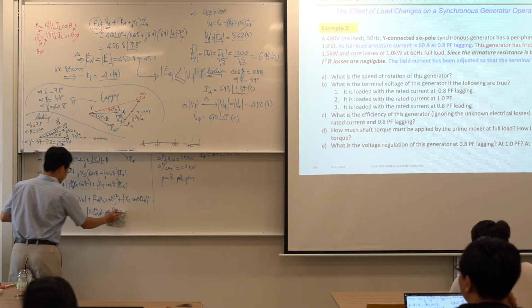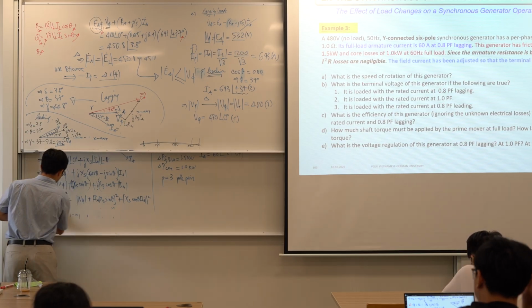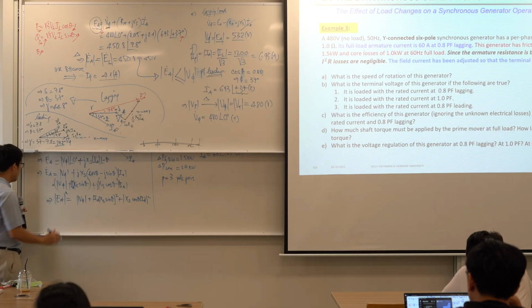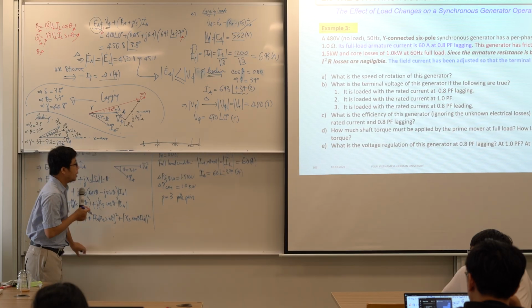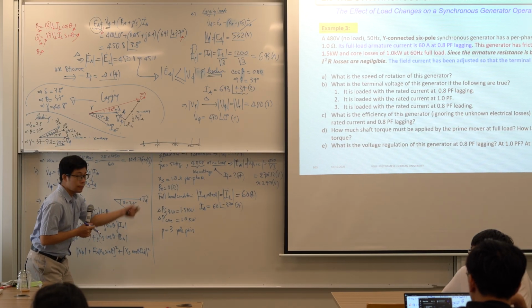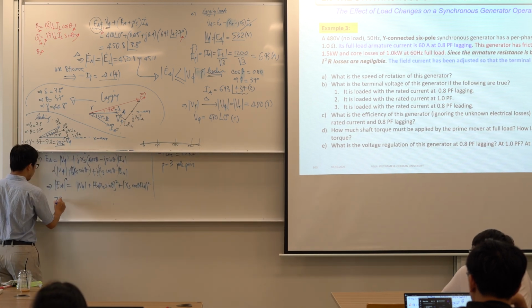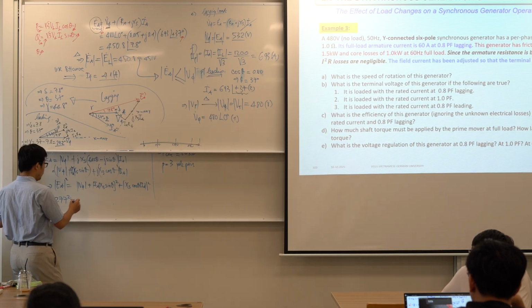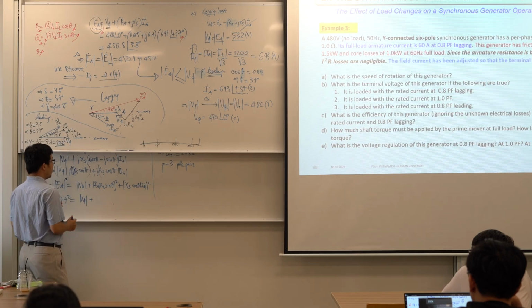Maybe we just use the values. This will be better. So EA squared, how many? EA is 277, so you get 277 squared plus how many please?